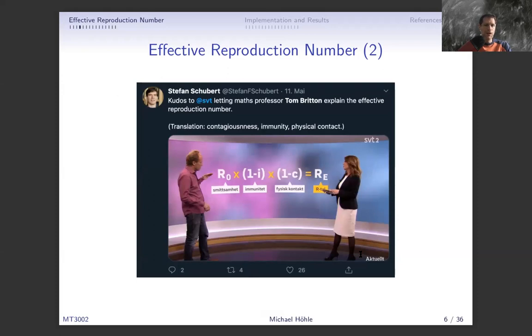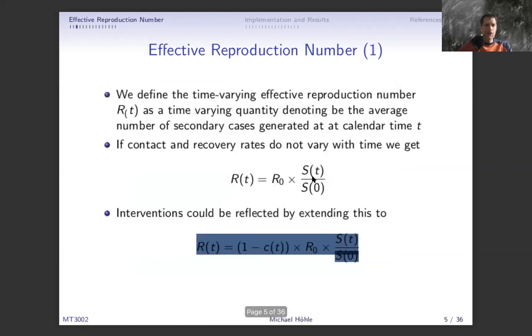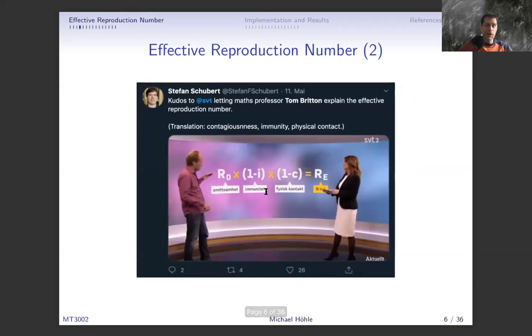Somebody commented that this is a typical spring TV program in Sweden in 2020, and that's when you know you have an unusual situation, when you are allowed to present such equations in the national news. So now you at least have some background on where this equation is coming from, and this is what we will look at in more detail now.